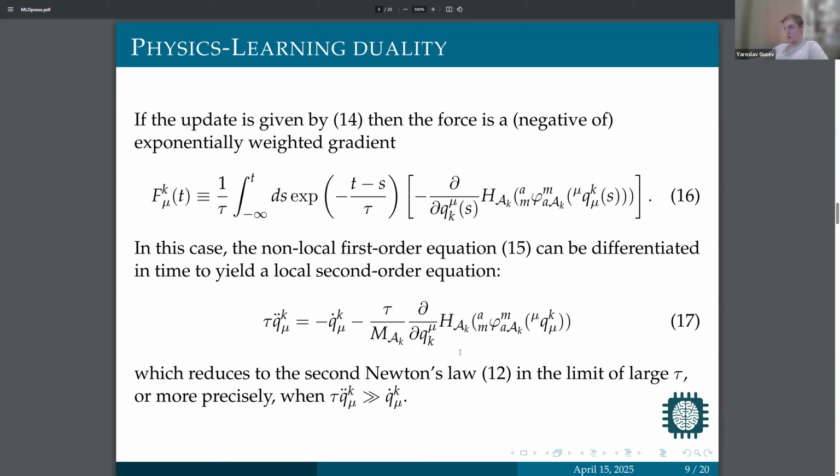So essentially the acceleration is proportional to the minus gradient of some scalar function, and in the learning case it's the loss function.